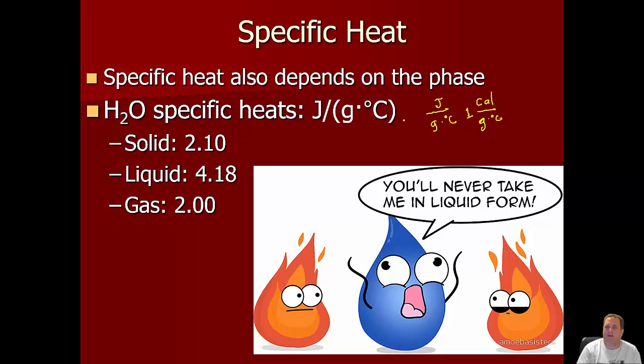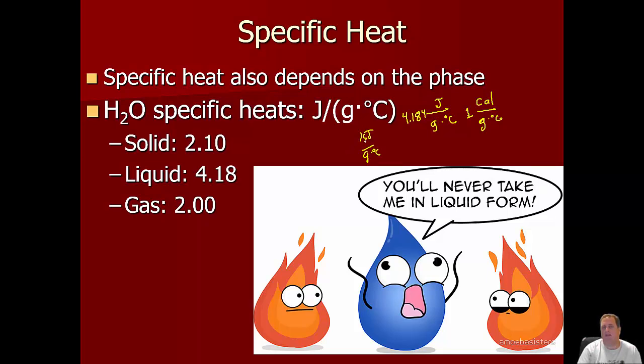Okay. So remember, we can convert from joule to calorie by 4.18 or 4.184. So joule per gram degree Celsius, calorie per gram degree Celsius. We could put a kilojoule per gram degree Celsius, or whatever. It's just an amount of energy.